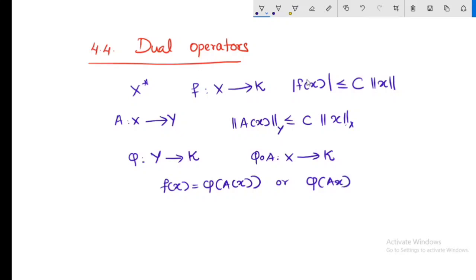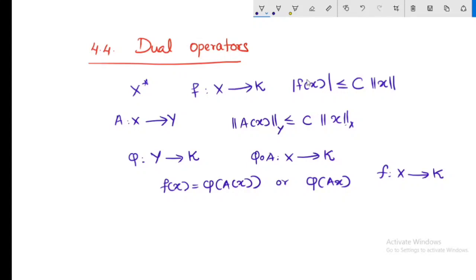Now clearly f is a map from X to K. So what about the range? Range is a subset of K. That means if we prove f is linear, then clearly f is a linear function. Now we have to prove f is a linear function.